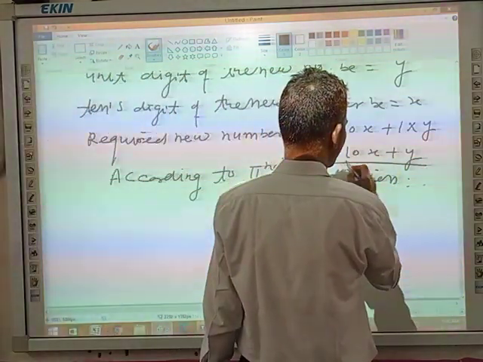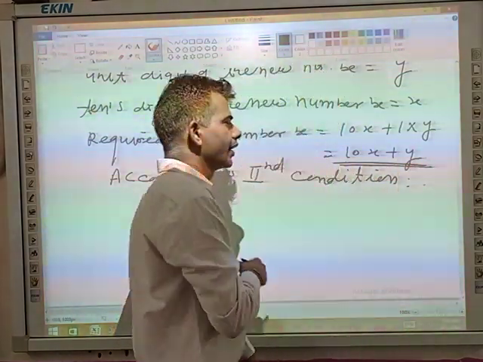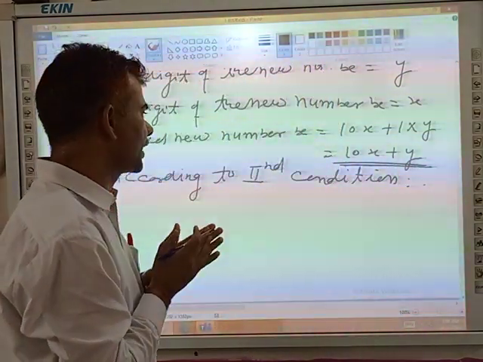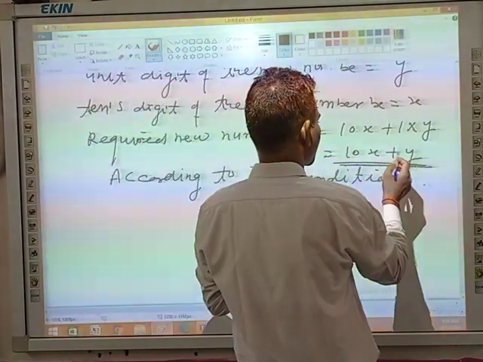After reversing the order of digits, the required new number is 10x plus y.